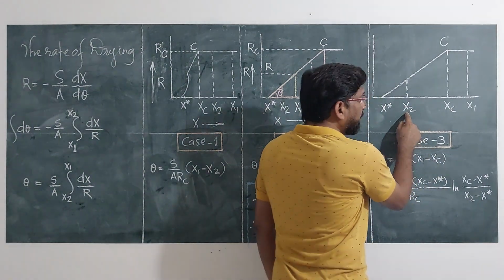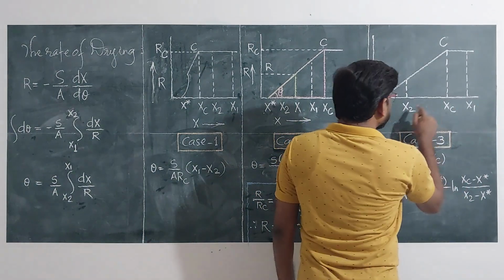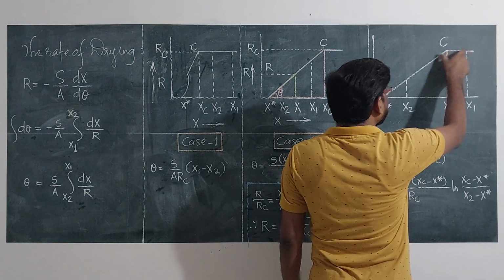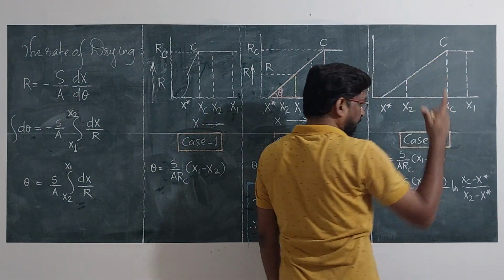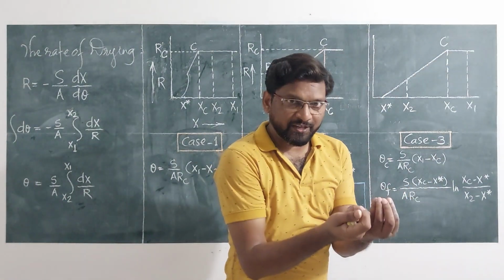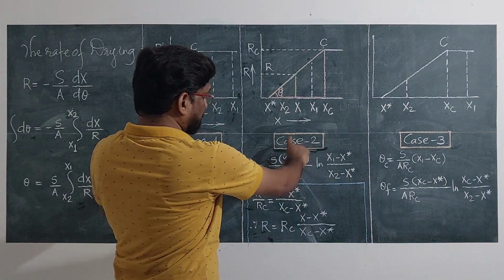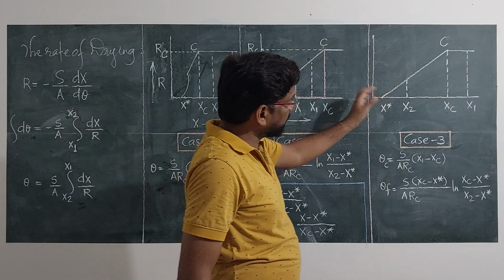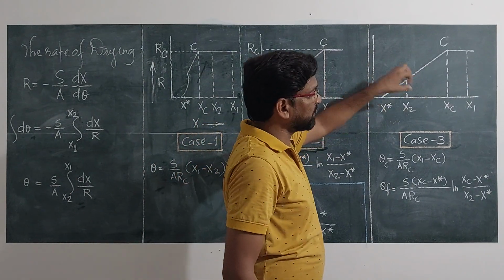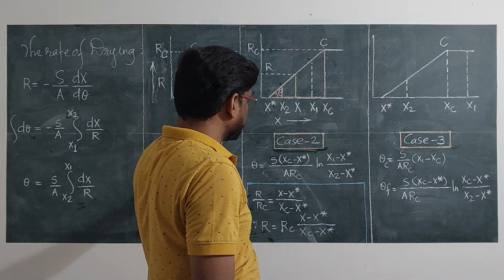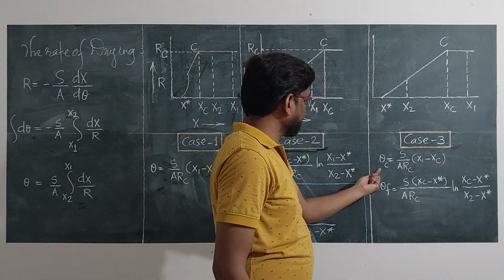So from x1 to x2 we get both regions, the constant rate period and the falling rate period. So simply it is the combination of these two cases. It means the time required to achieve this much moisture removal will be the combination of these two equations.